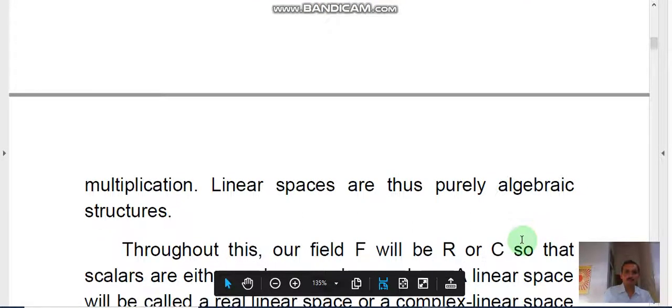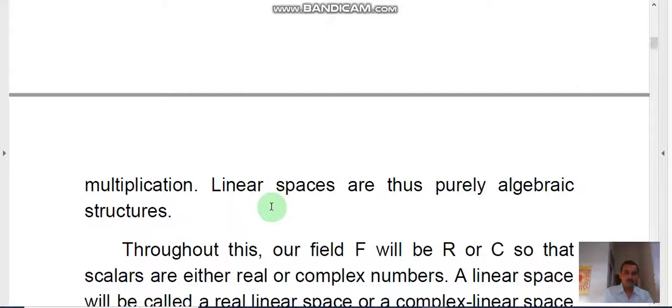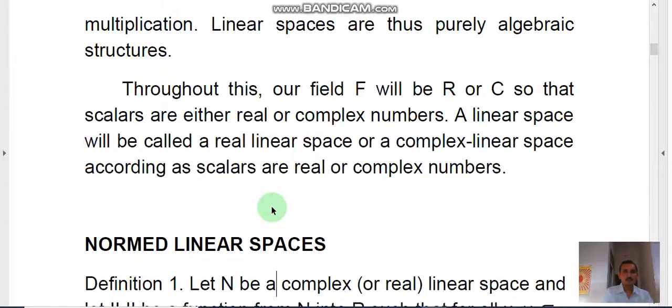Linear spaces are thus usually purely algebraic structures. So throughout this chapter, our field F will be either R or C. Here R is the set of real numbers and C is the set of complex numbers.